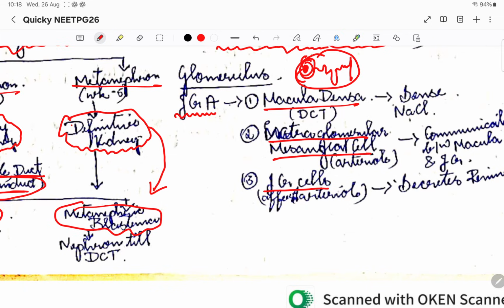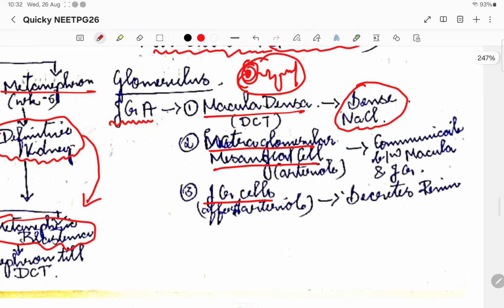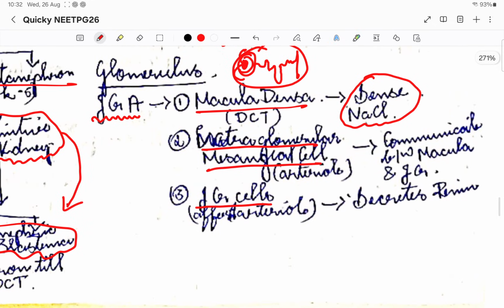These help in filtration and maintain the electrolyte level. Let us see each function. The macula densa senses the sodium chloride level in the urine.